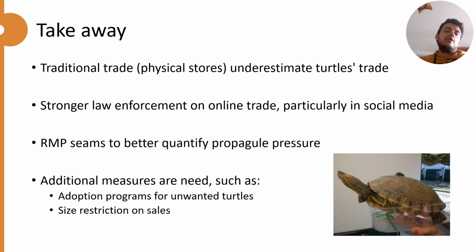So we should restrict the minimal size allowed for the turtles being sold, so we don't have cases like this after 1 year or two of them being at people's homes.